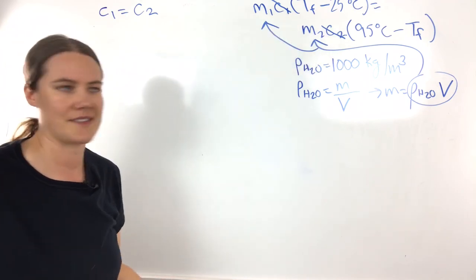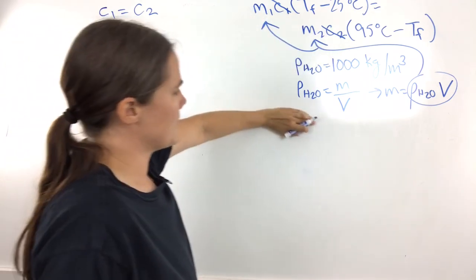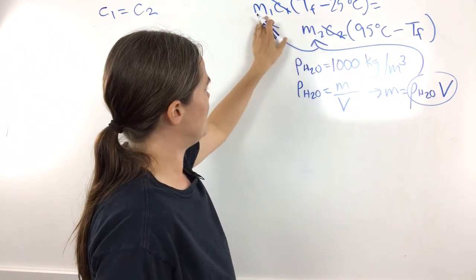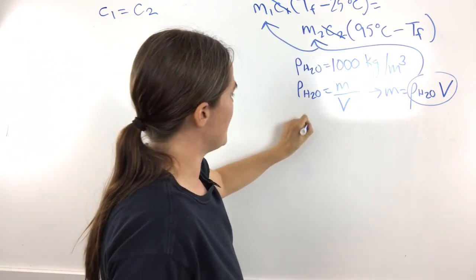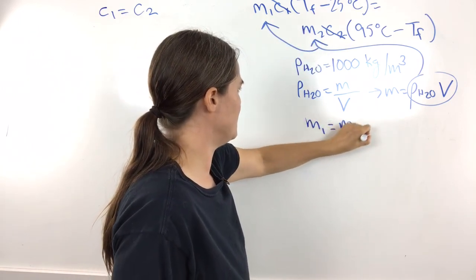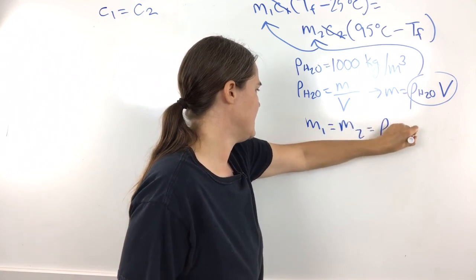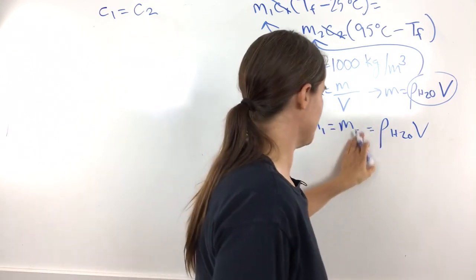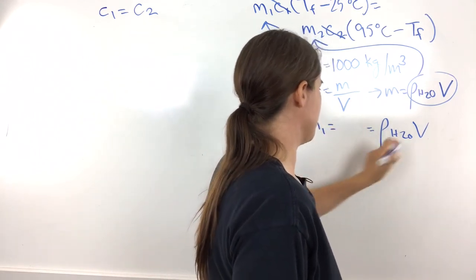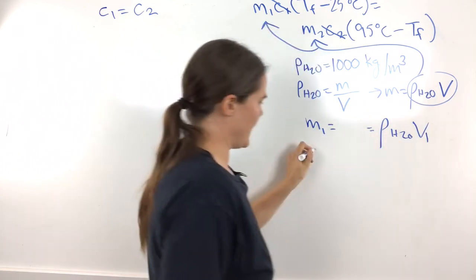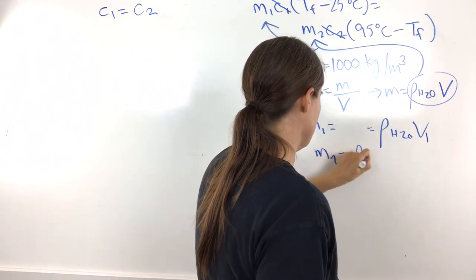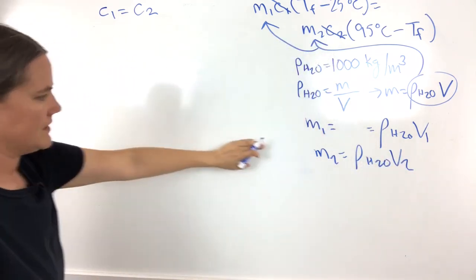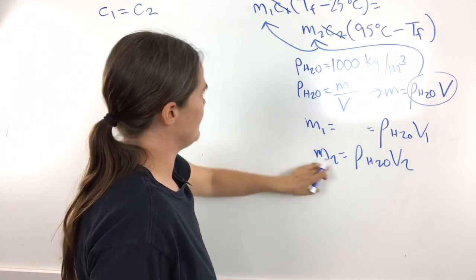Then I'm going to put in the density multiplied by the volume for the masses. So M1 is equal to the density of water multiplied by the volume, and M2 is equal to the density of water multiplied by the volume of the second one. I'm going to plug these in for the masses.